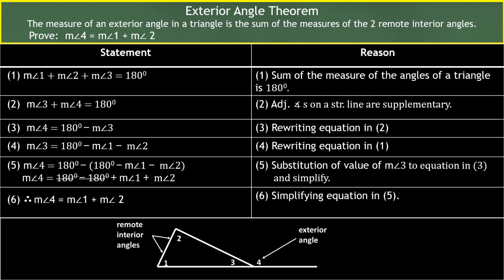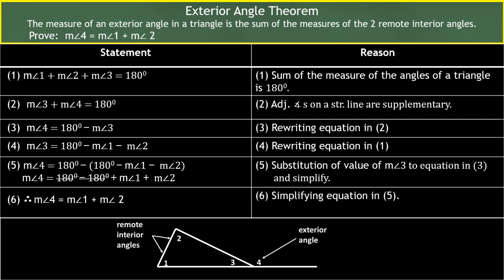From statement number 2, we solve for the measure of angle 4 by rewriting the equation. So the measure of angle 4 is equal to 180 minus the measure of angle 3.